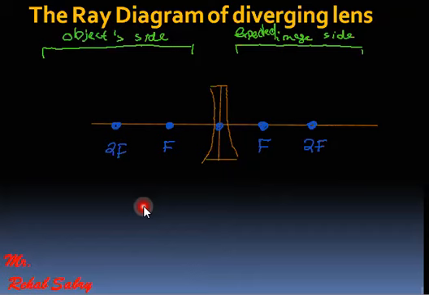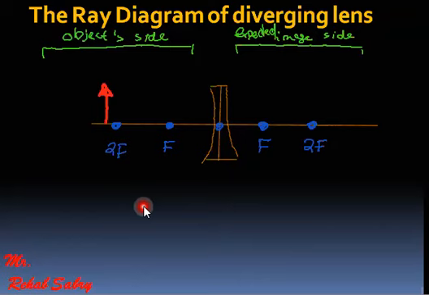So concentrate. Here, put the object anywhere. This is the object. We will make the object large, Y, because we know that the image will be diminished. Then we will make the rays.